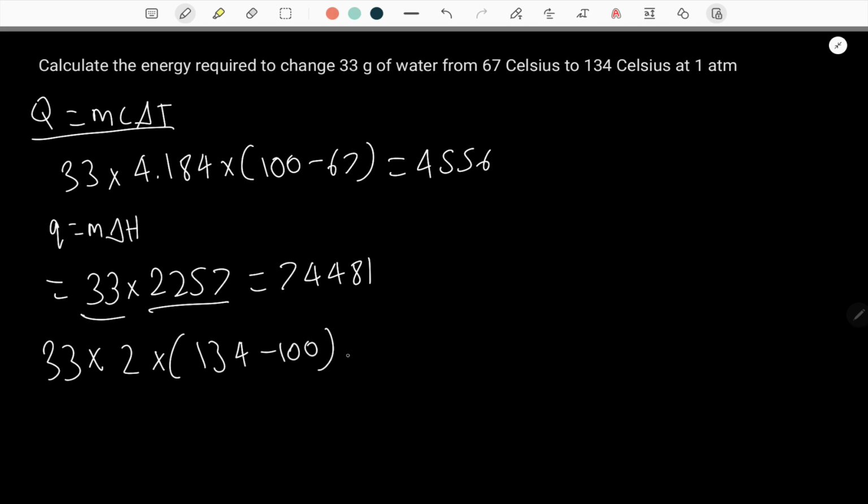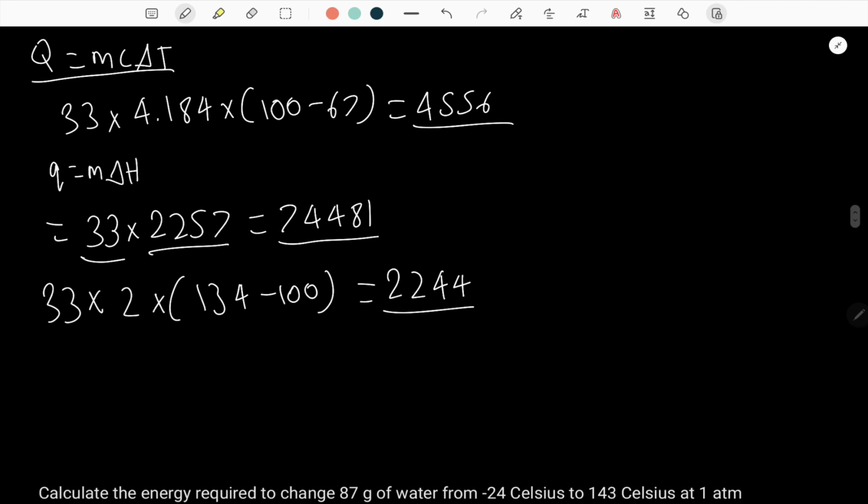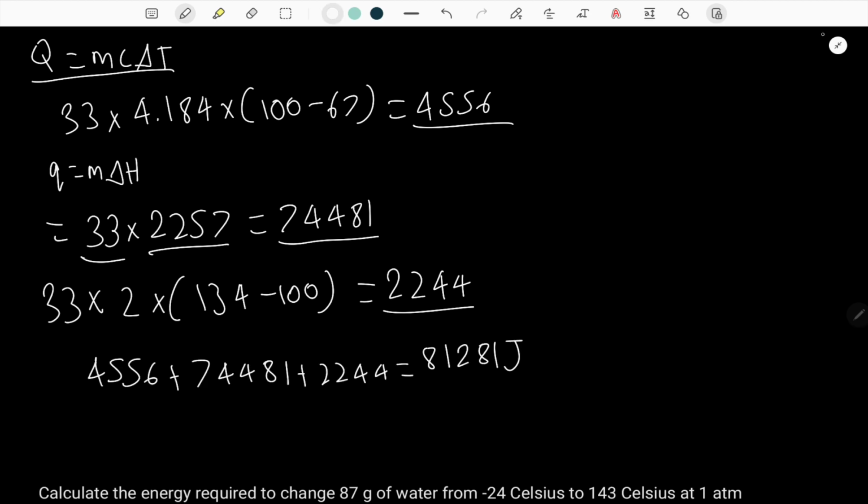That was our initial one, and here we get the answer of 2244. Now we just add all three of these values, and we'll get the final answer. This is the final answer, and the unit is joules.